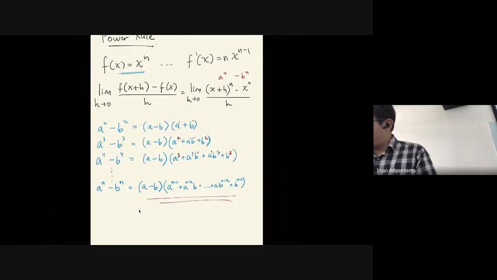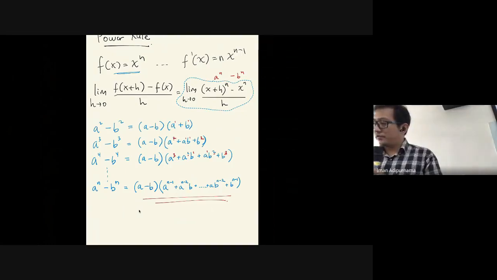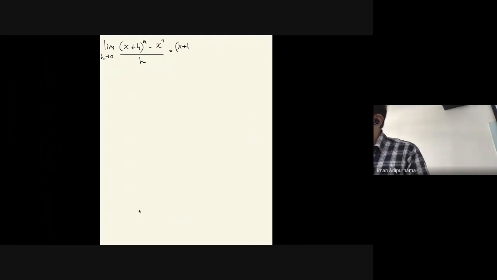Okay, let me write in the next page. So let's factorize x plus h to the power n minus x to the power n, like a to the n minus b to the n, right?